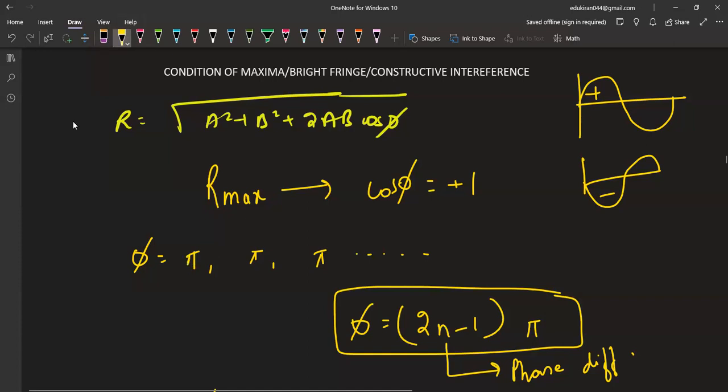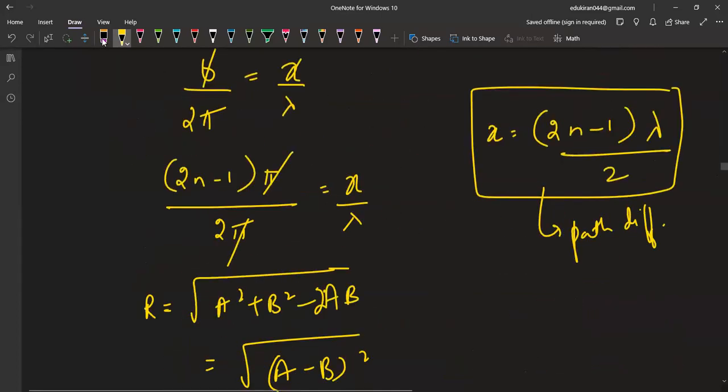You start with 0. Cos 0 degree is equal to 1, then 2 pi, 4 pi, like this till 2n pi. So this is equal to 2n pi. This is the phase difference. So here also, there will be a difference in the formula.